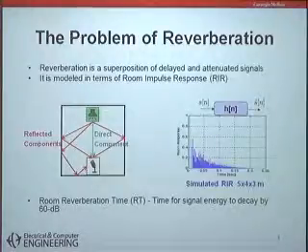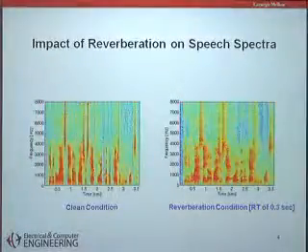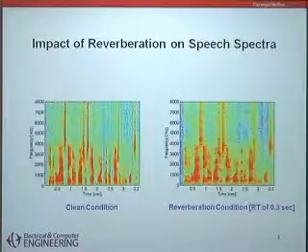Now, here I try to figuratively show a spectrum plot for clean speech and reverberated speech. One clear distinction is that the energy spreads, or overlaps, into future time segments, as we expect it will, and the silent segments are filled up by energy, and the strong energy from vowels is going to overlap into softer sounds.